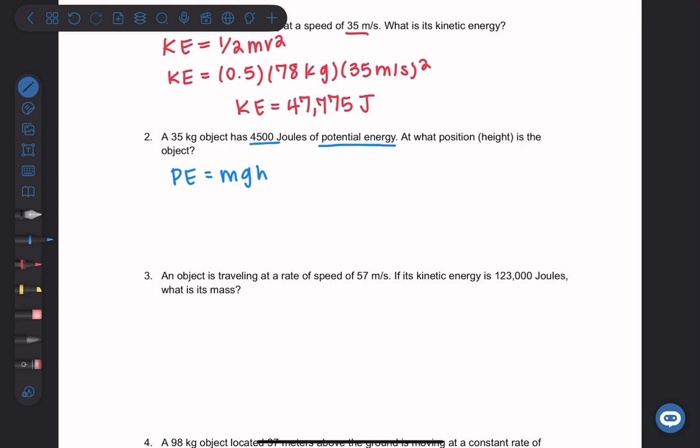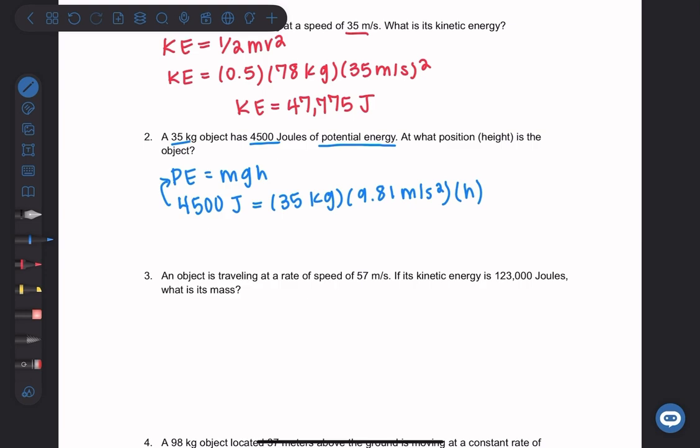It says the potential energy is 4,500 joules, so you plug that in for PE. The mass is 35 kilograms. And G is a constant, it's gravity, so 9.81 meters per second squared. And then we want to find H.